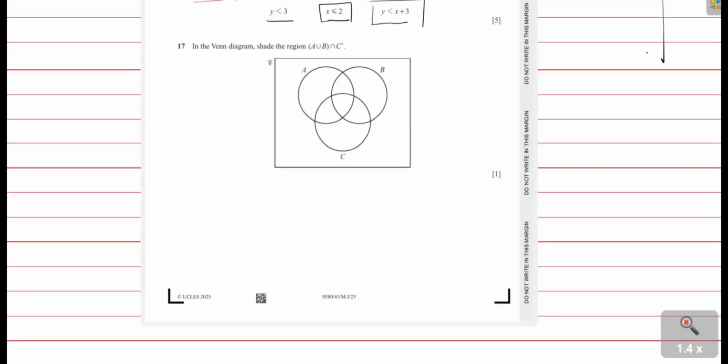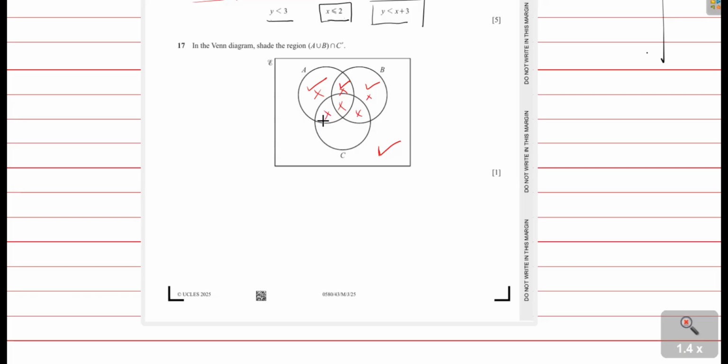Question 17. In the Venn diagram, shade A union B intersection C dash. Firstly, we will mark the C dash. Look here, outside C, this region is C dash. And next is A union B. A union B will be the region that we will mark by crosses. Look here, these are the A union B region.